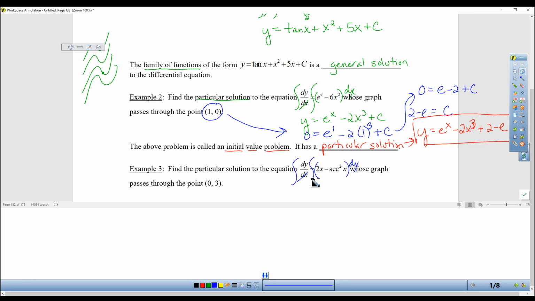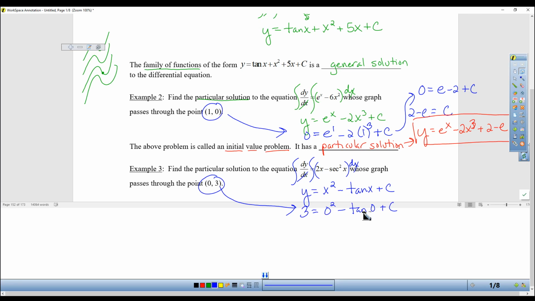I'm going to integrate both sides, and I get y is equal to 2x squared over 2, so just x squared. Again, secant squared, you've got to have this one memorized. The derivative of tangent is secant squared. And then my plus c, I'm going to plug in my (0, 3). 3 is equal to 0 squared minus tangent of 0.